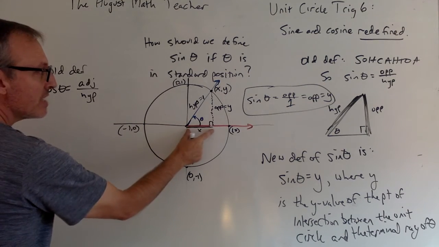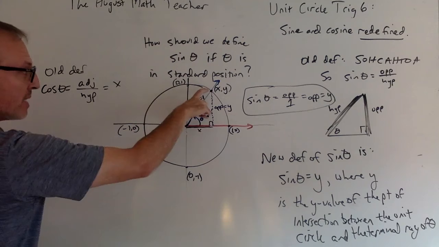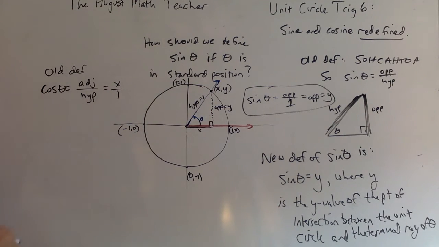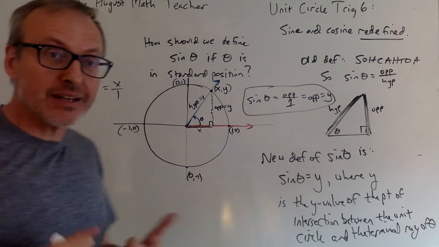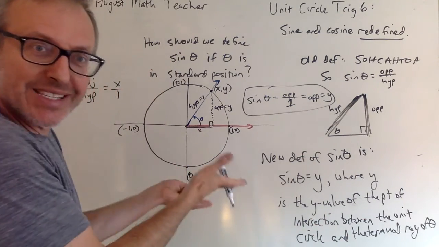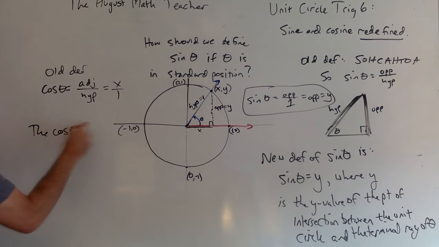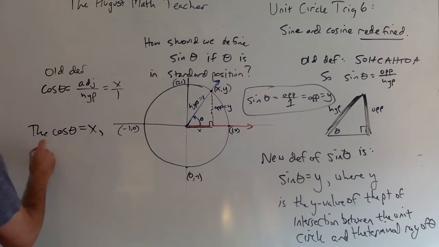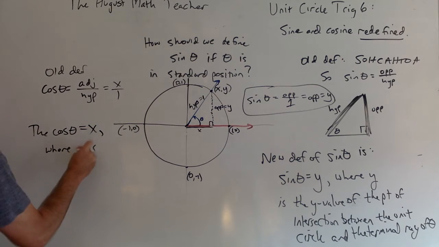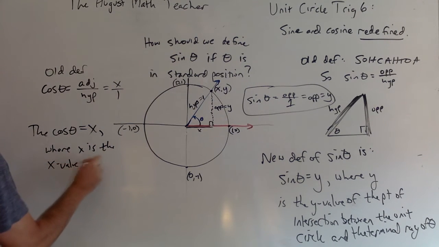But look, the adjacent is the x value of that point, and the hypotenuse is 1 long because it's the unit circle. And so we end up with a new definition of cosine that is equally nice and neat. The cosine of theta is equal to x, where x is the x value of that point on the unit circle.